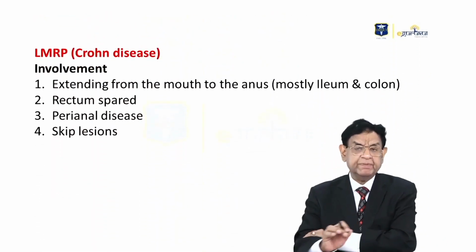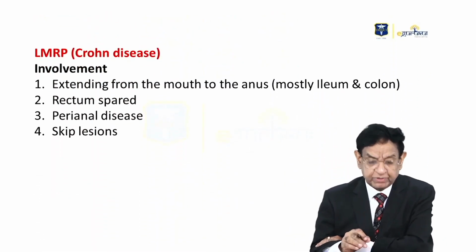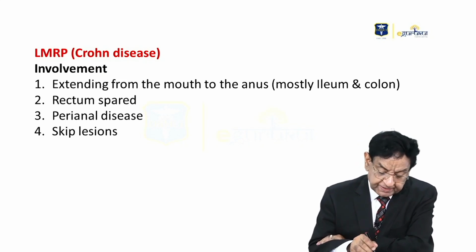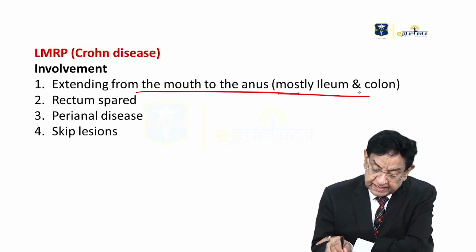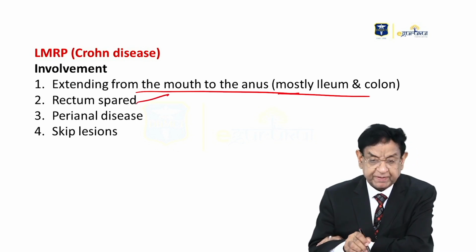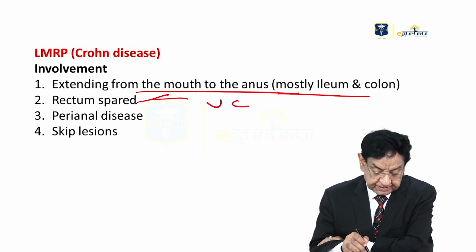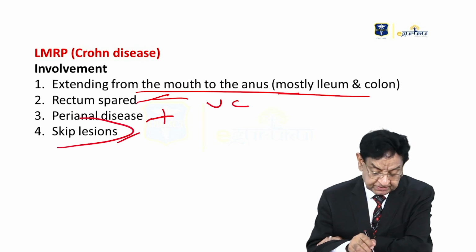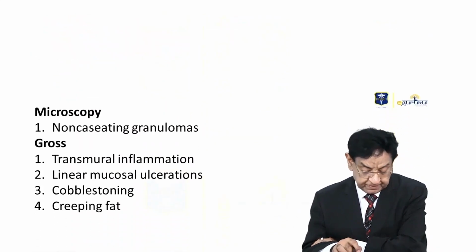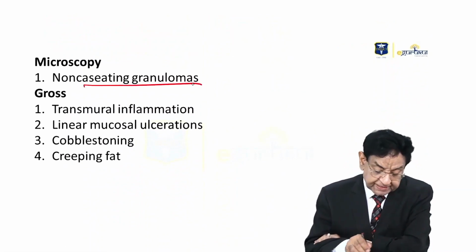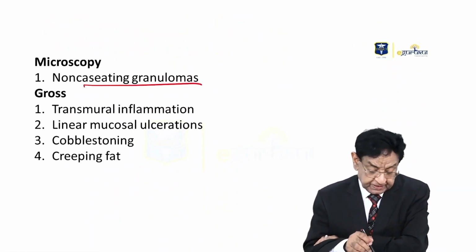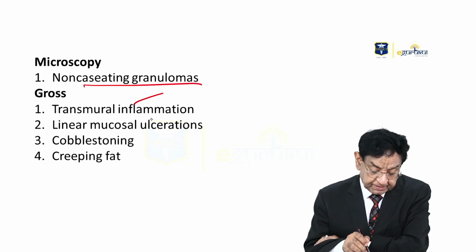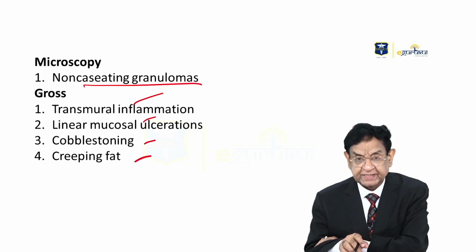A quick recap about last minute points about Crohn disease. Involvement extends from mouth to anus, mostly ileum and colon. Rectum is spared; this is involved in ulcerative colitis. Perianal disease is positive. Skip lesions are the classical feature. This is the golden line to remember. Non-caseating granuloma on biopsy. Gross transmural inflammation, linear mucosal ulceration, cobblestoning, creeping fat are seen.